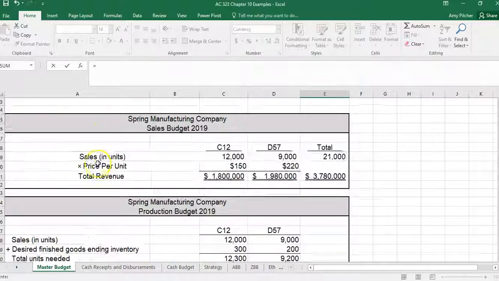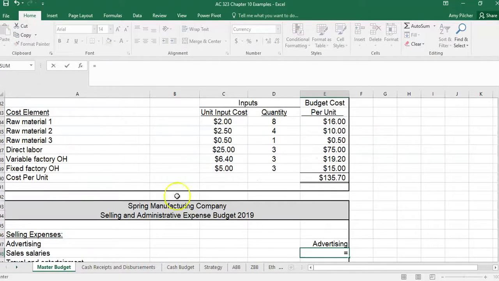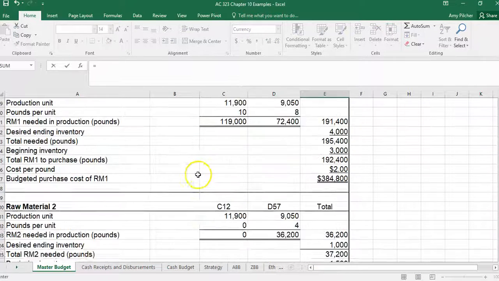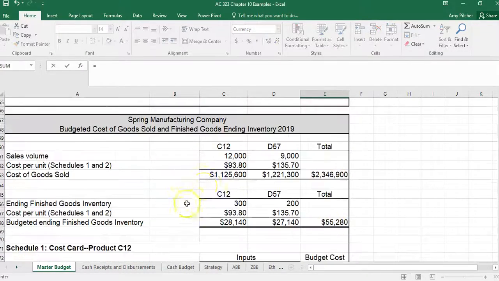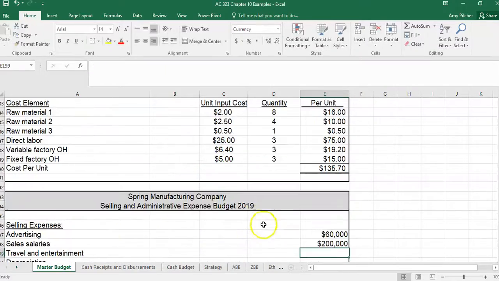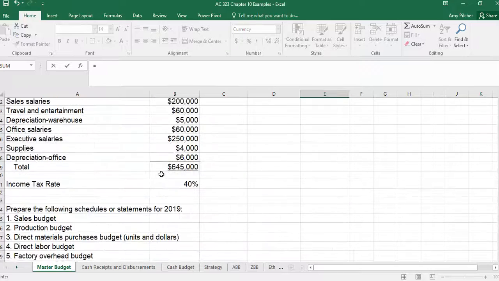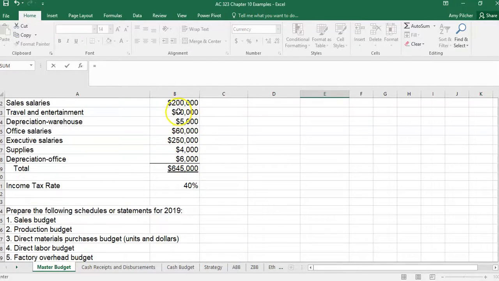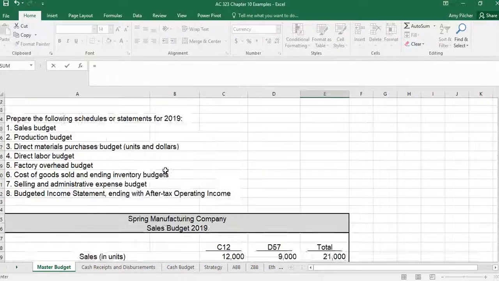Advertising, sales salaries, travel and entertainment, and our warehouse depreciation.